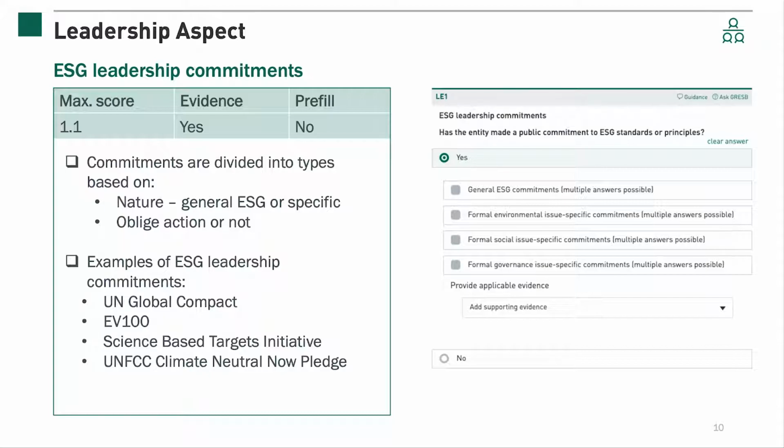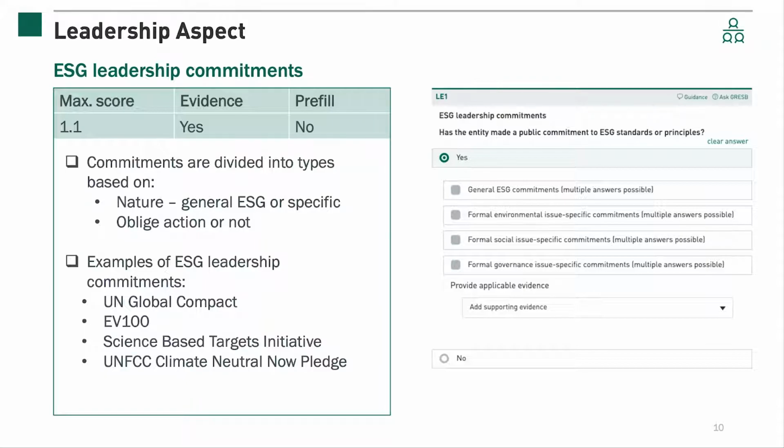As with all indicators, you then have the option of selecting yes or no. If yes is selected, a nested question appears requiring the participant to state whether the commitment they have made covers general ESG issues, like the UN Global Compact, or is specific to a particular environmental, social, or governance issue, like the Science-Based Targets Initiative.